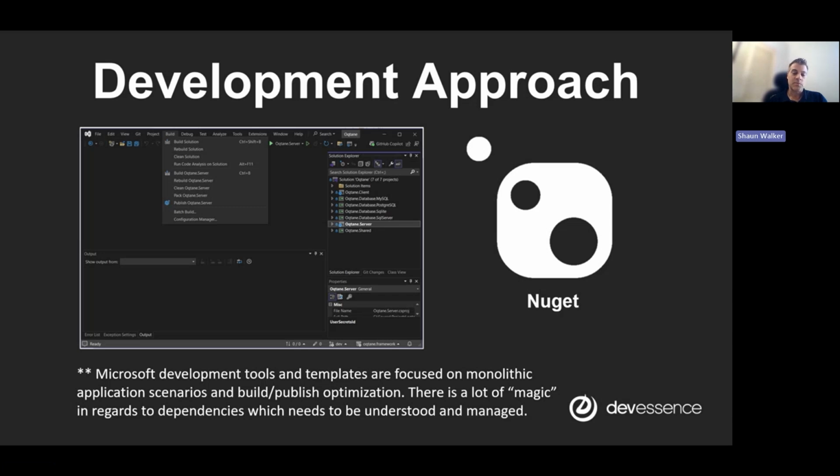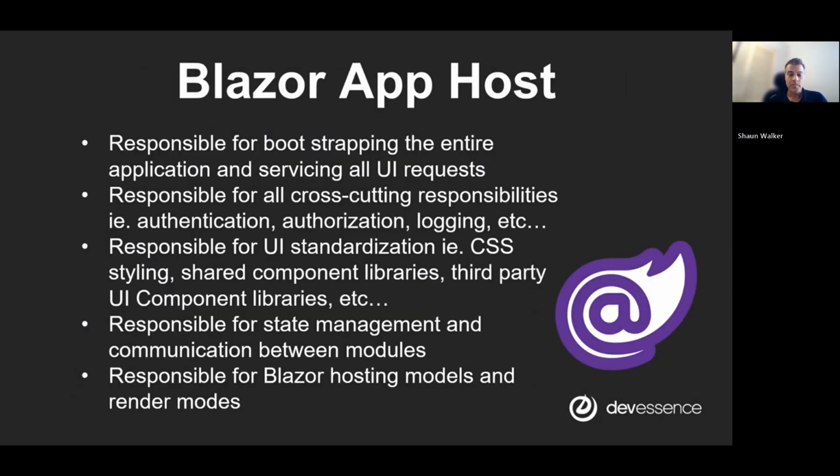And so this is one of the big challenges that people have to overcome, because when they start building things as more discrete, independent applications, they naturally wonder why things don't work. And that's because a lot of the dependencies and assets and things are not being copied to the appropriate locations because Visual Studio just can't do that, right? It just doesn't know. It doesn't have the information required to do it. So these are the complexities around building micro-frontend applications that you have to deal with.